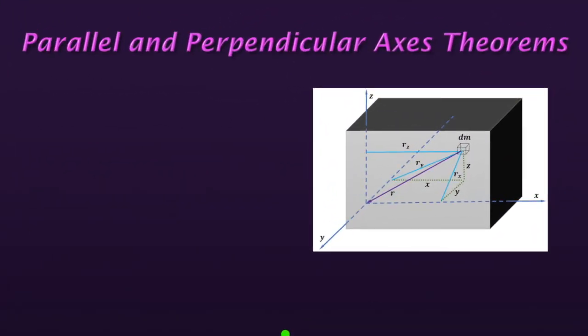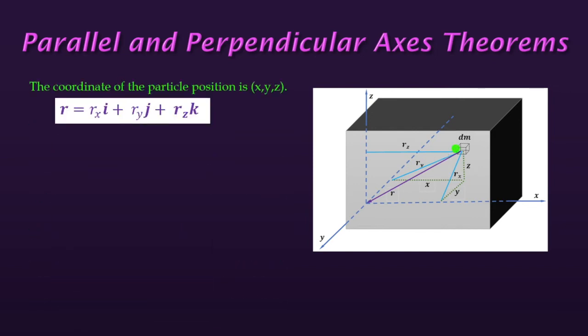Now we are going to derive the perpendicular axis theorem. So what is that theorem? To find the mass moment of inertia, let's consider a rigid body. As the moment of inertia equals r square dm, it depends on the mass as well as the distance from the origin or center about which the body is rotating.